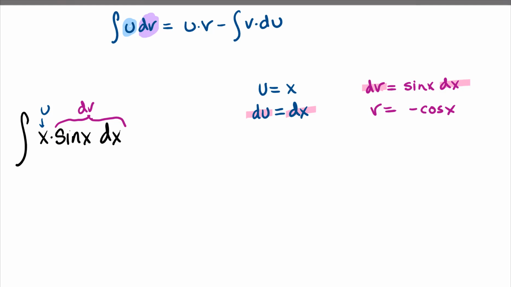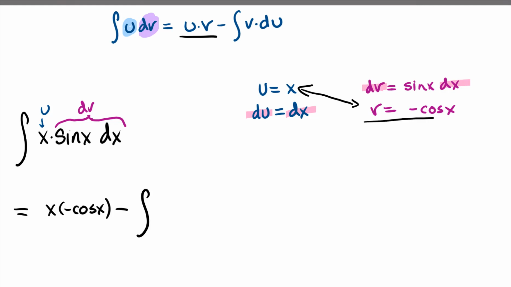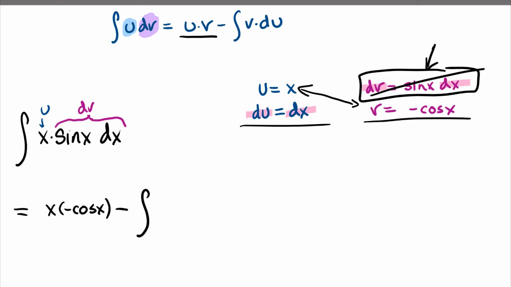So let's use our formula now. We need to take our u times our v. That's our x times negative cosine of x. There's our u times v, minus the integral of v du. We don't mess with this one; this one gets left alone.